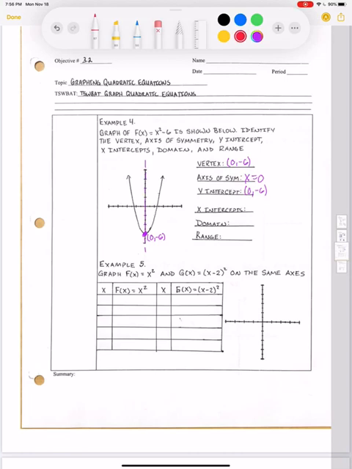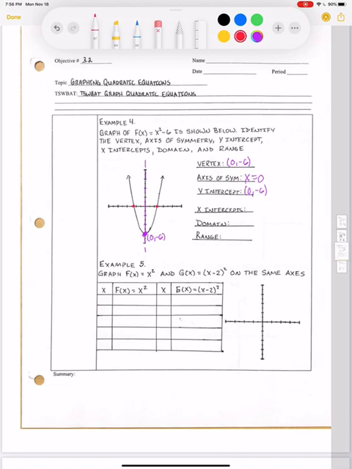To find your x-intercepts, if you look, the graph crosses the x-axis in two places, here and here. However, it's not obvious where it crosses. It doesn't cross at a perfect spot. So I can't say, oh, it crosses at 2 and it crosses at negative 2. It doesn't.